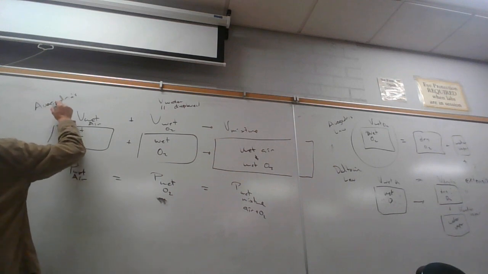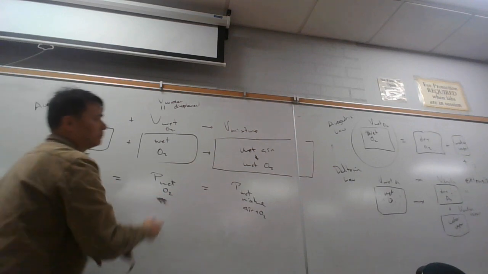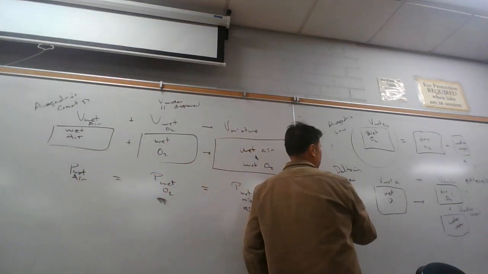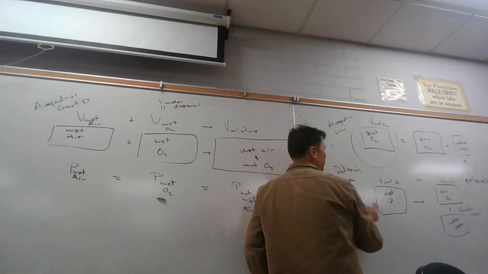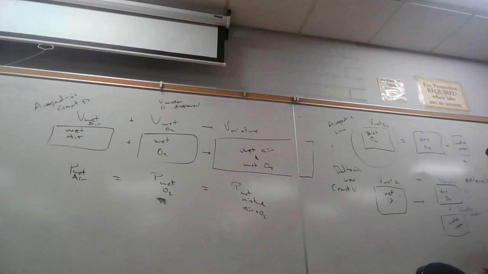So Avogadro's, we say, is constant pressure. So we're doing all this stuff at constant pressure. Dalton's, we say, is constant volume. So everything has the same volume. I know the volumes of everything, but the pressures are going to be different. Over here, we have the pressure of the wet O2.